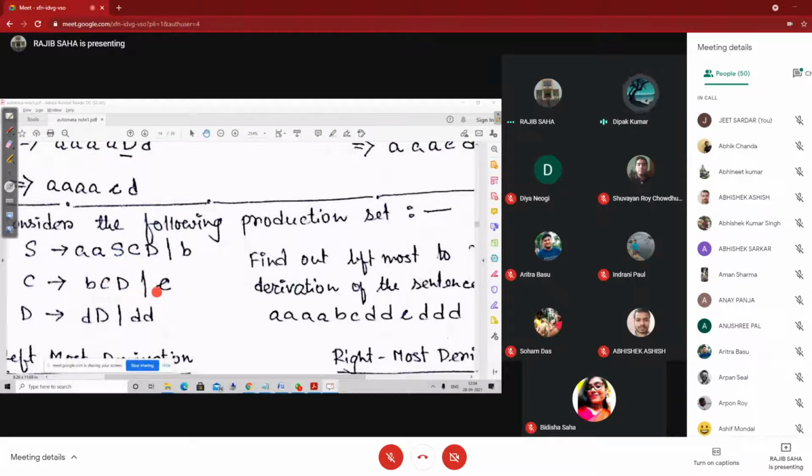The first one is capital C, this one is capital C, and this one is small c. Sir, rightmost or leftmost? Both.